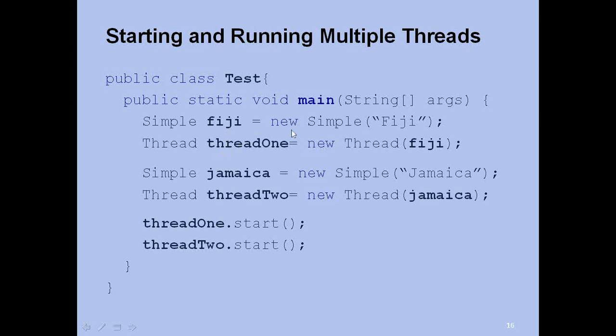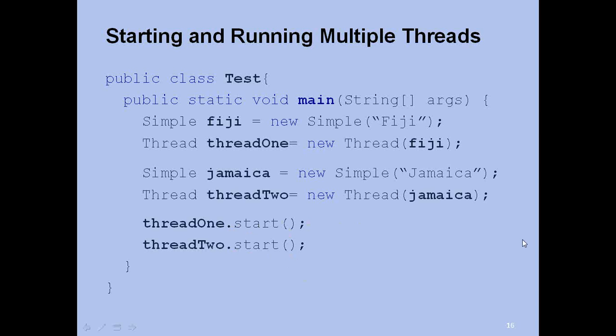So you pass that simple class to the thread constructor and you get the thread object. Similarly, you have another simple class, pass it to the thread constructor and get another thread object. So you got two thread objects, thread 1 and thread 2. Now you are doing thread1.start and thread2.start.